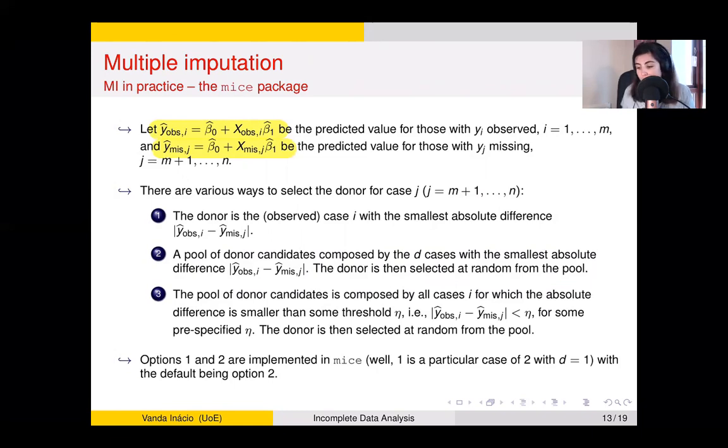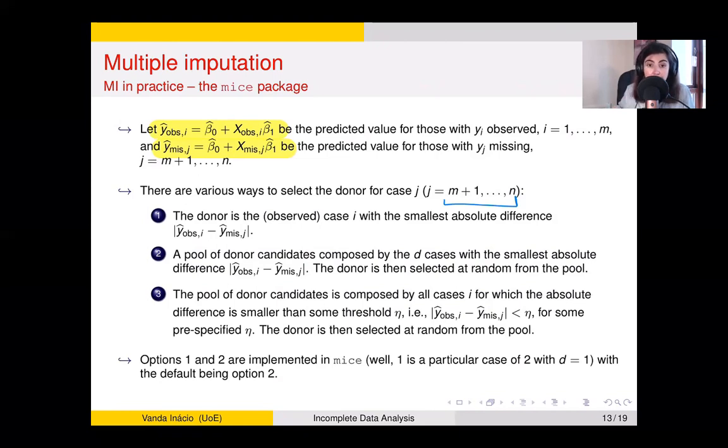For each j from m+1 up to n, I want to find the corresponding donor in the observed cases. So I go one by one, look at my observed cases, find the donor, and then use the observed value of the donor, not the predicted value. There are several ways that we can use to select the donor for case j.